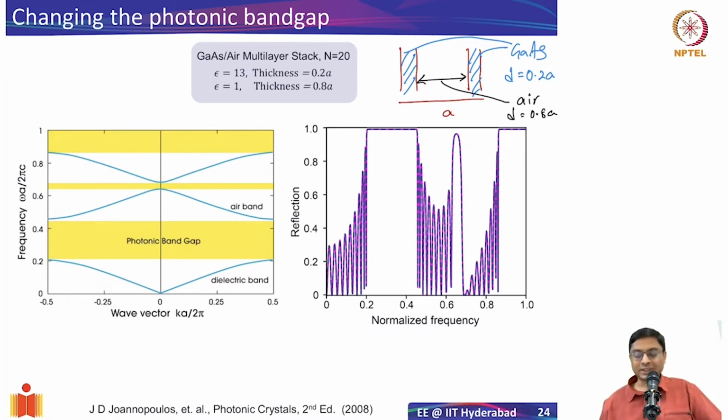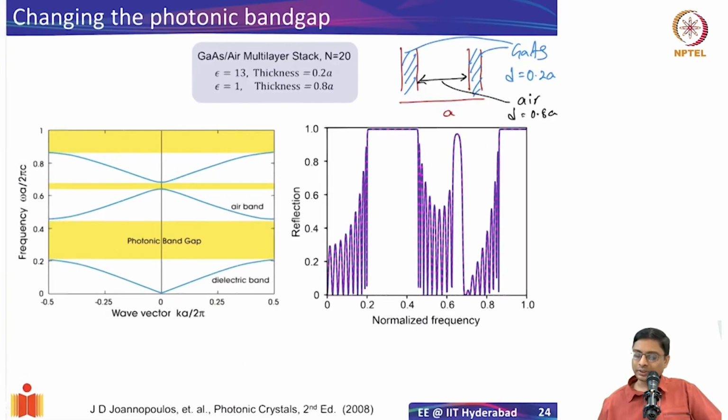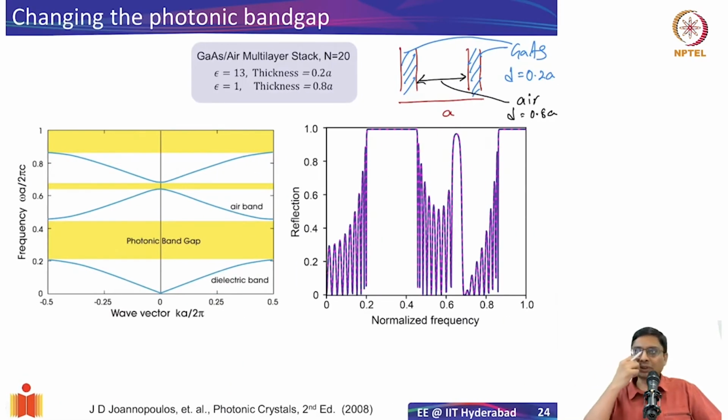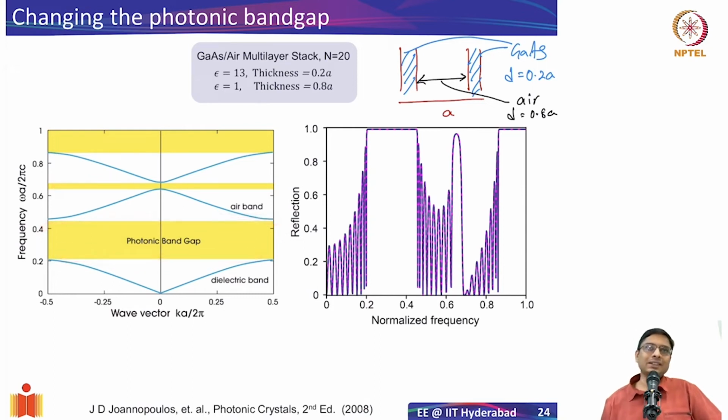Now you see that on the y-axis we are going from 0 to 1. In the previous case, we were only going from 0 to 0.3. Now we are trying to take more normalized frequencies into account, and the x-axis is the k vector. You see that there is the first photonic band gap, and then there are higher band gaps as well. This again beautifully matches what we know from electronics, that there's not a single band gap.